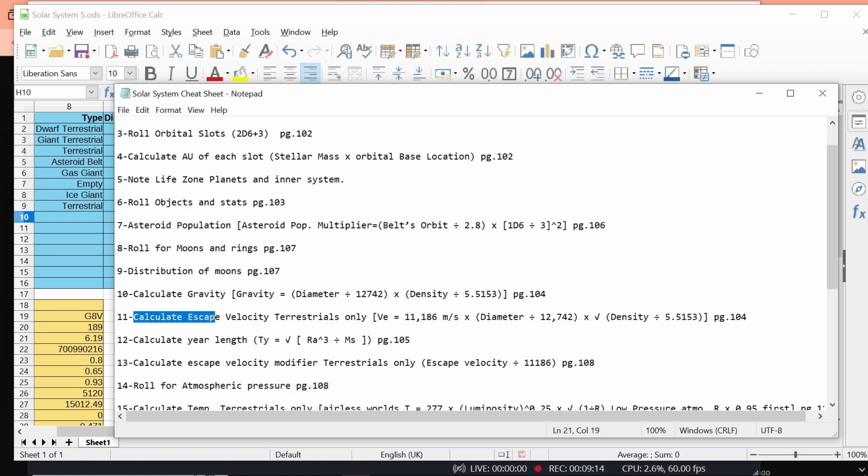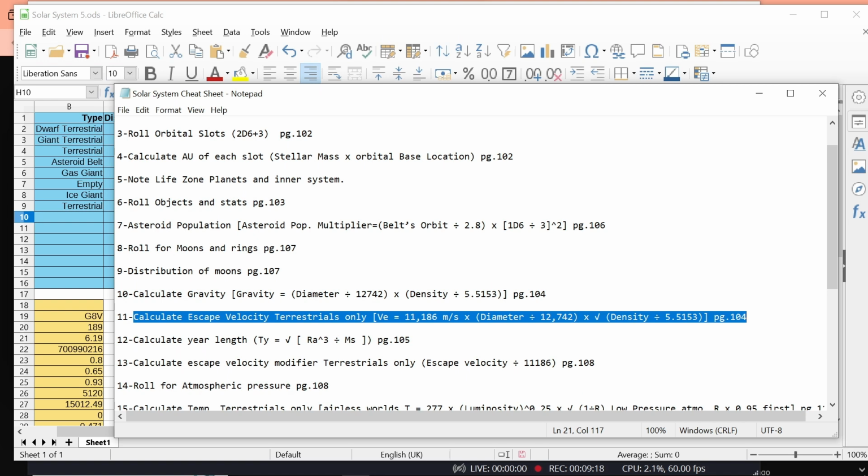Calculate escape velocity. Terrestrials only. We really don't need to calculate the escape velocity for dwarf terrestrials. They can't have an atmosphere, and that's what this number is going to be used for. It's going to be used to make an escape velocity modifier for our planets, but only ones that could have an atmosphere. So dwarf terrestrials, stay out of it. I won't do the dwarf terrestrial.